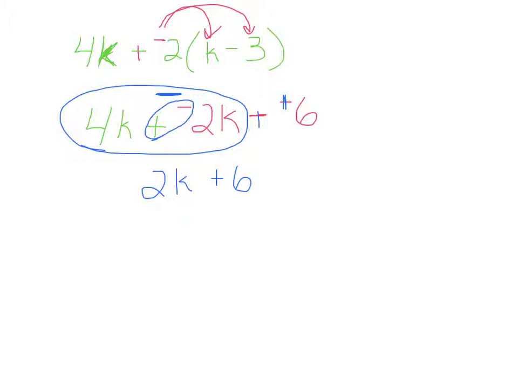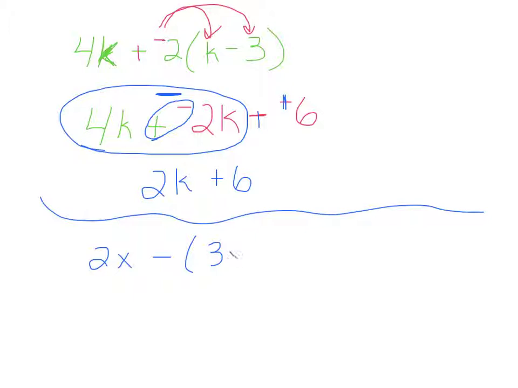This type of situation will also hold true when I have something like 2x minus 3x plus 1. One thing to keep in mind, it's not written here, but there is a 1 here. So this becomes plus and negative. I need to distribute, in a sense, that negative 1 to both those.